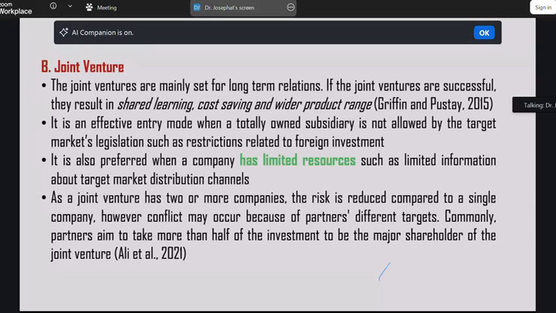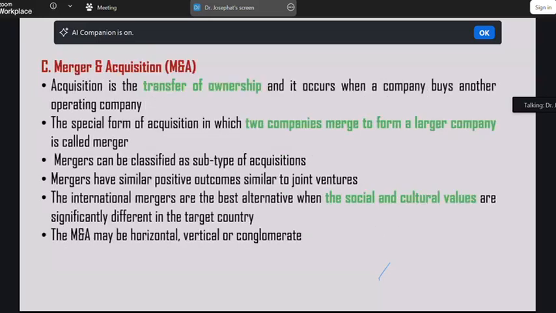So it's also preferred when a company has limited resources, such as limited information about the target market, distribution channels, and the local culture. As a joint venture has two or more companies, the risk is reduced compared to a single company. However, conflict may also occur because partners have different targets. Commonly, a partner aims to take more than half of the investment to be the major shareholder of the joint venture. Na nani sasa atake more than half? That's where the conflict arises.